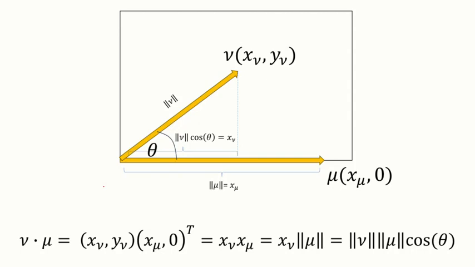Well, the other vector, nu, is more general, so it's just like this. It's also defined by two numbers, x nu, y nu. Okay. So by definition, the length of this is its norm.